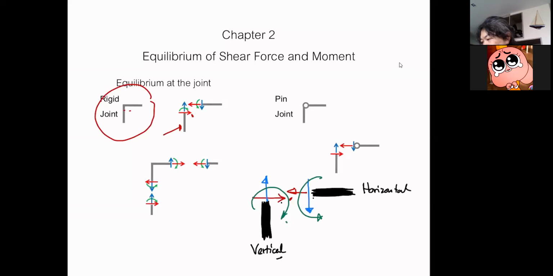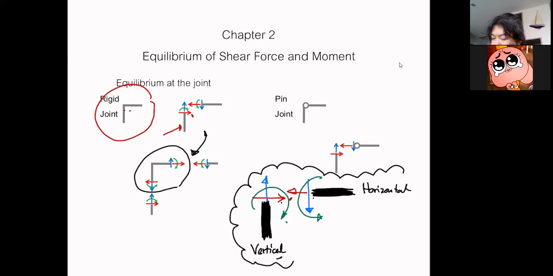You may see this picture. This one, I just expand this free body diagram and include the free body diagram of a joint as well. Some of you may be better off with this free body diagram.